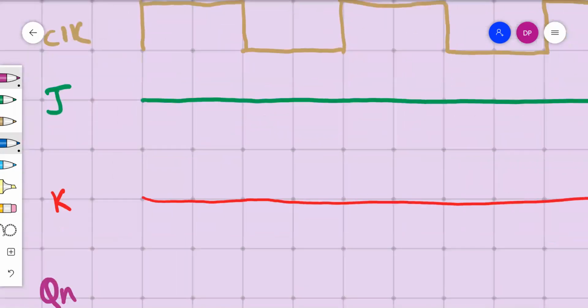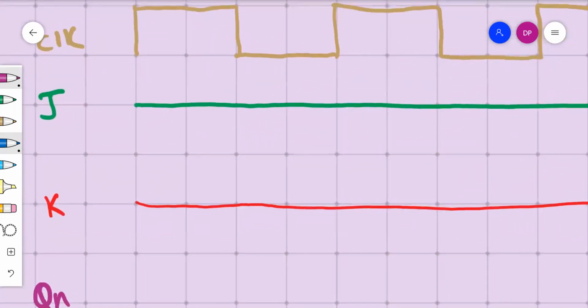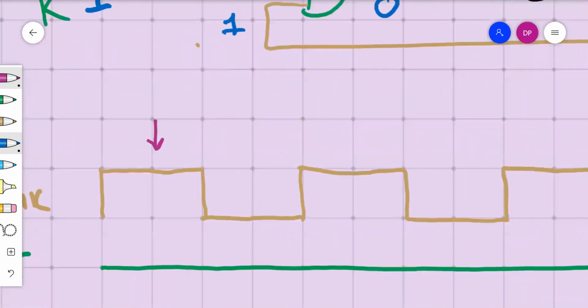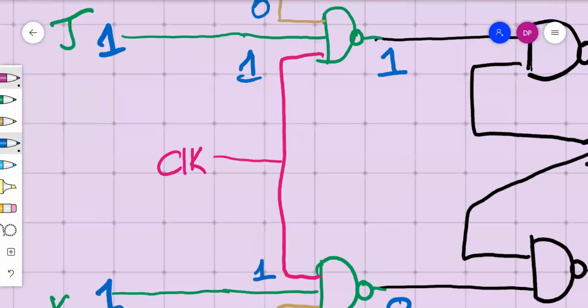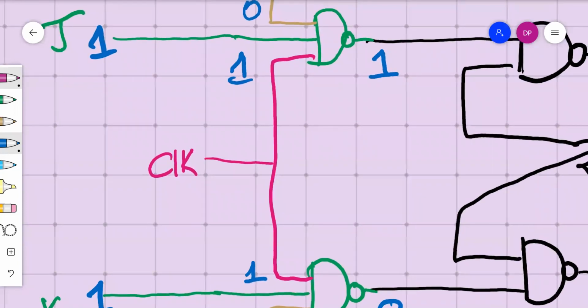When the clock is high, what happens? The output goes from... when clock is high, J is 1, K is 1. Okay. When clock is high, you can see this figure. When clock is high, J is 1, K is 1.